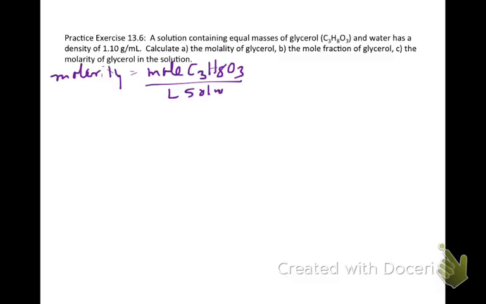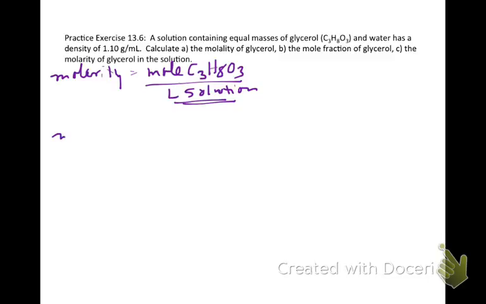All right, now I think I got it. All right, so calculating the molarity. So now I'm on to part C. I want the molarity. What's the definition of the molarity? Okay, it is the moles of C3H8O3 per liters of solution.